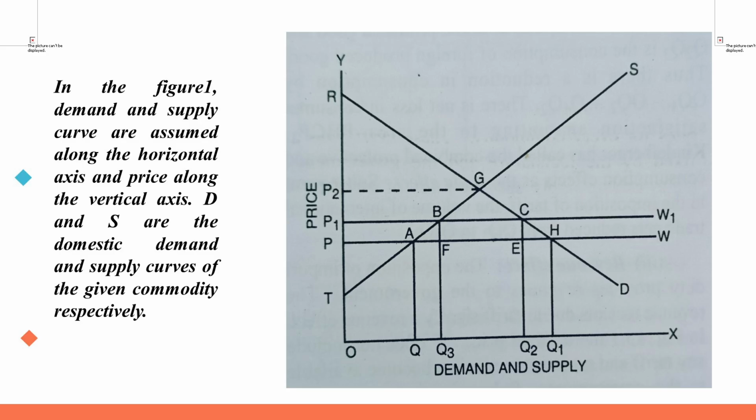In figure 1, as mentioned, demand and supply are assumed along the horizontal axis and price along the vertical axis. Capital D and capital S are the domestic demand and supply curves of the given commodity respectively.